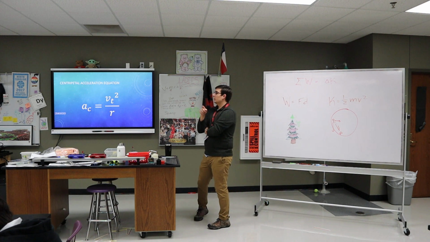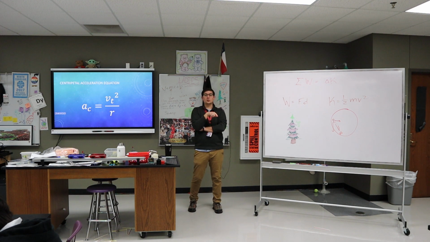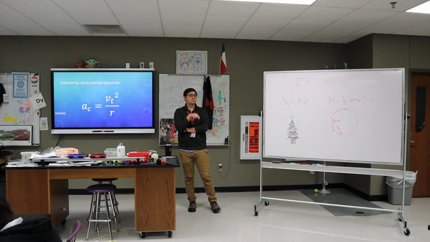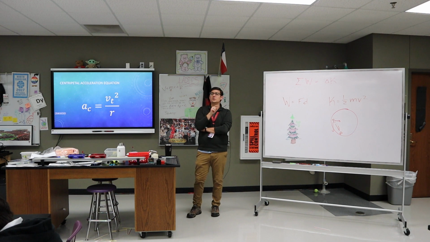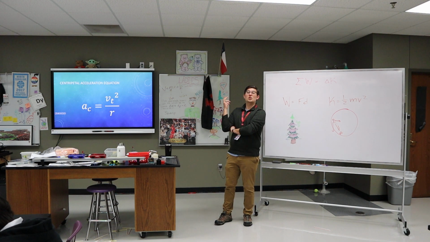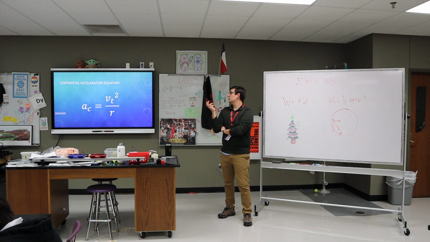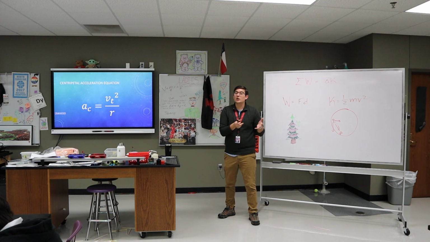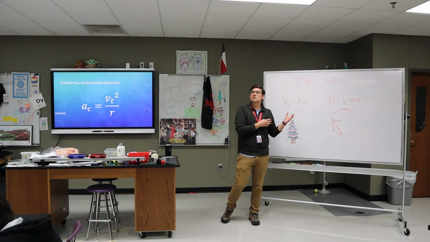Now, that gives me a convenient way to find what that centripetal acceleration could be, right? It also gives me a convenient way to find what the centripetal force would be, because we know there must be some force that's causing that acceleration, right? You cool with that idea? And so then I could use this to find what that centripetal force must be.